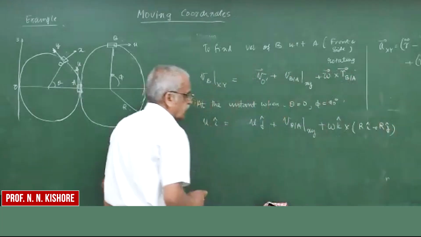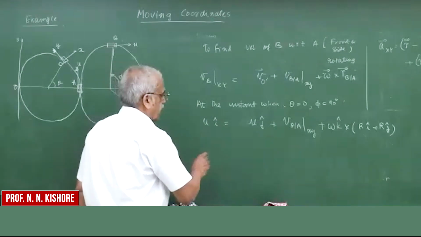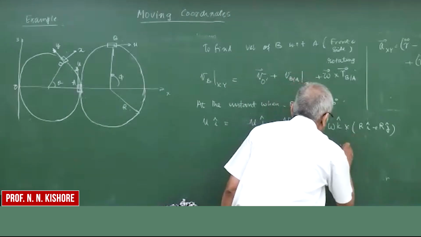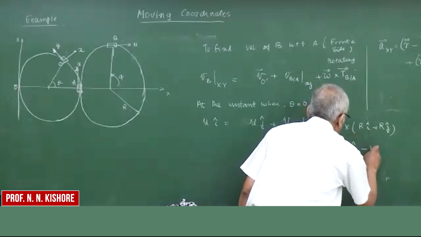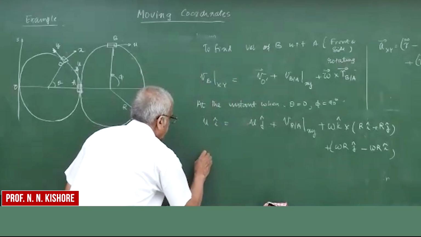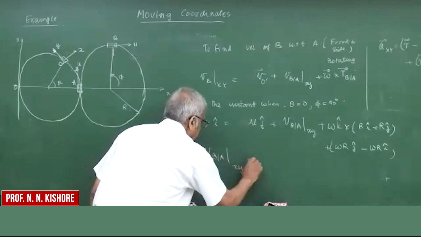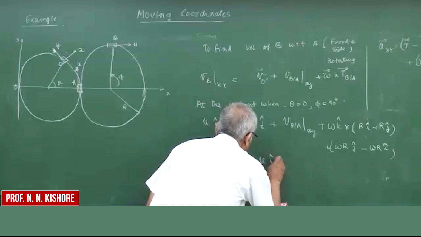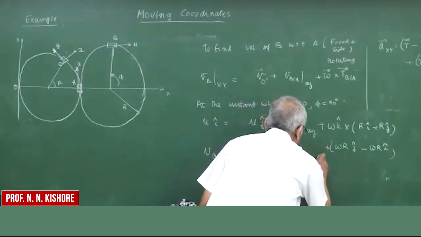So this is the relationship between the velocities. And if you want to find it, this is omega R k cross i, which is j omega R. So the velocity of B as observed in its own rotating frame is nothing but U i minus U j minus omega R.